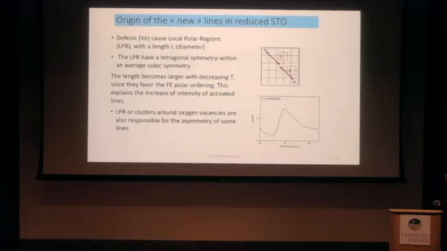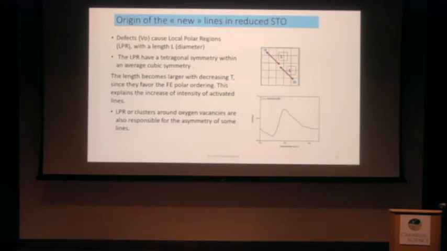So, the defect causes local polar regions with diameter called L here. This cluster or polar region has a tetragonal symmetry.